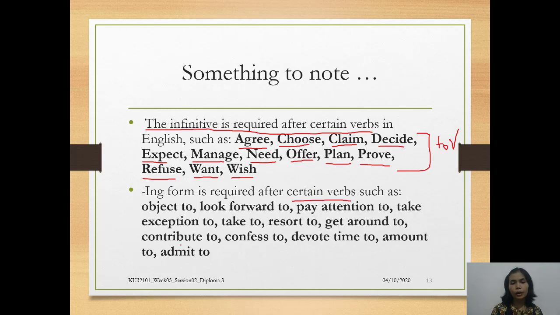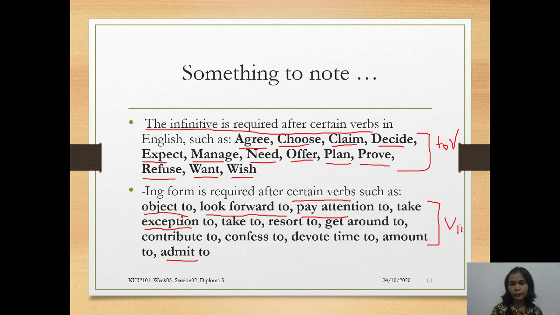For example, object to, look forward to, pay attention to, take exception to, take to, resort to, get around to, look forward to, contribute to, confess to, devote time to, and amount to, admit to. So all of this must be followed by verb ing or ing form.